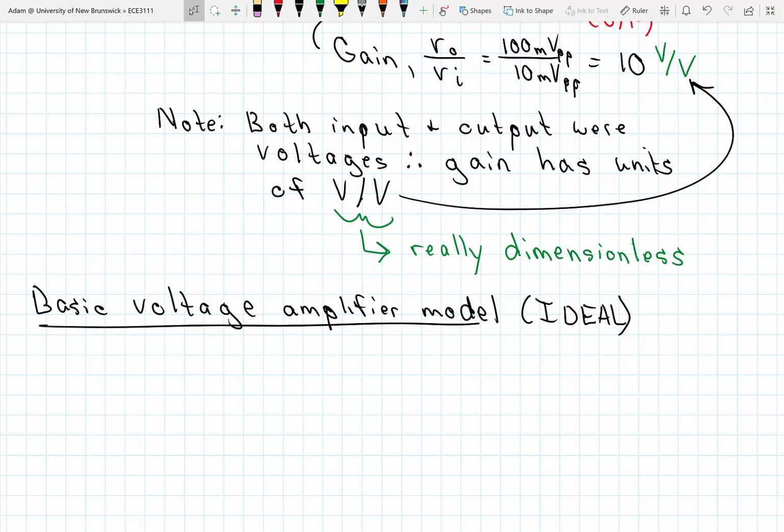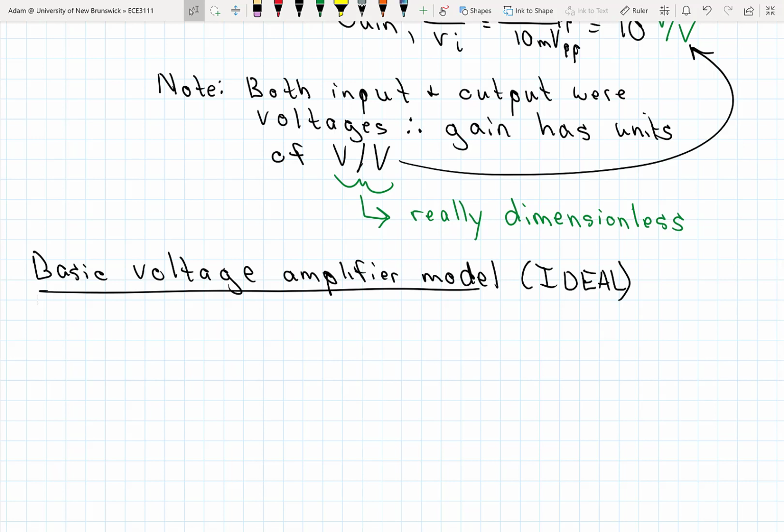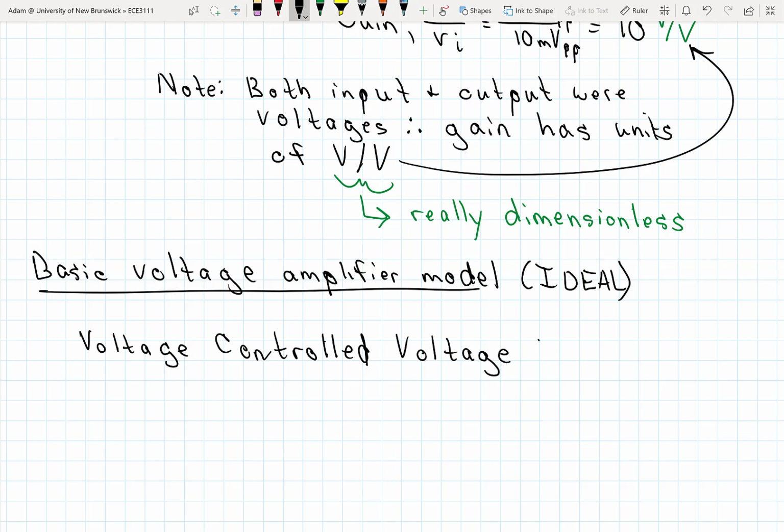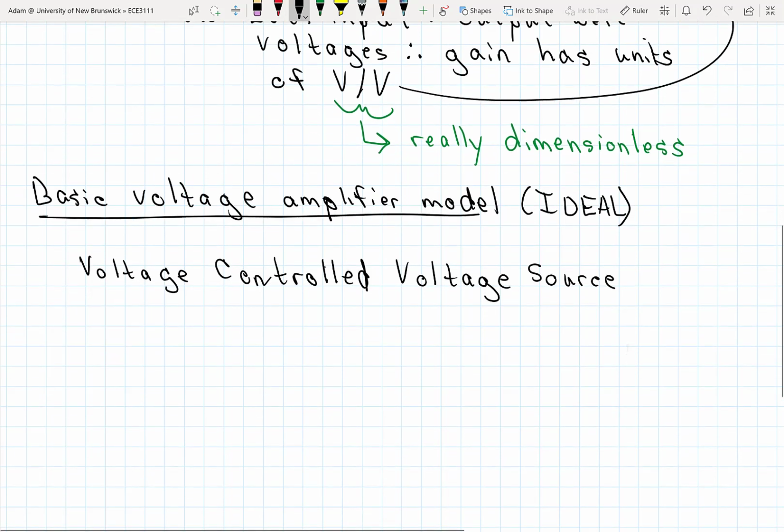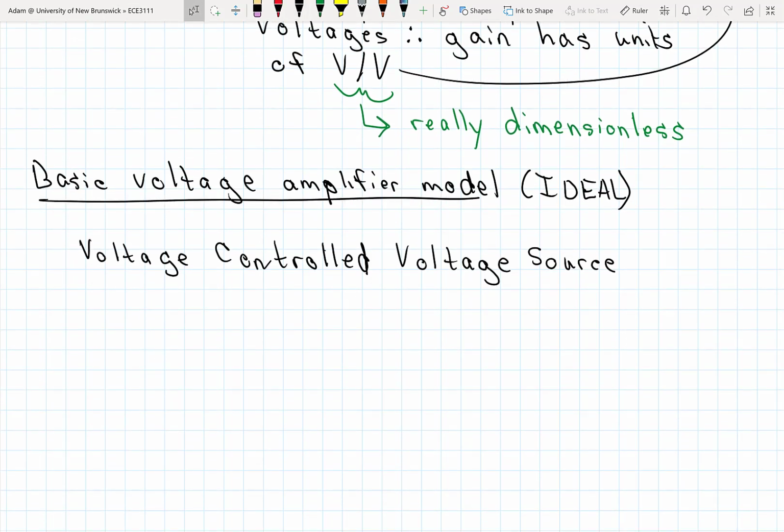Okay, to develop this model, we require an element that's called a voltage controlled voltage source. So this is a source whose voltage is controlled by a voltage. Okay, let me just show you what this looks like, and this is going to make up the main component of our ideal voltage amplifier model.